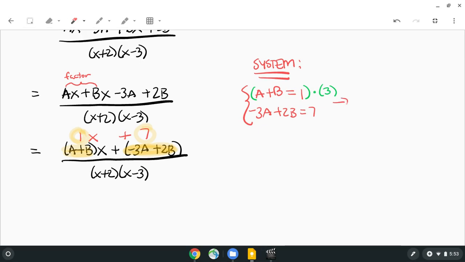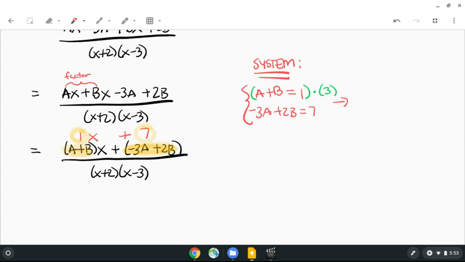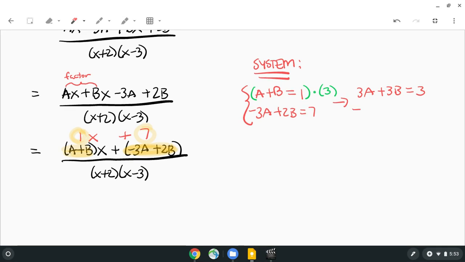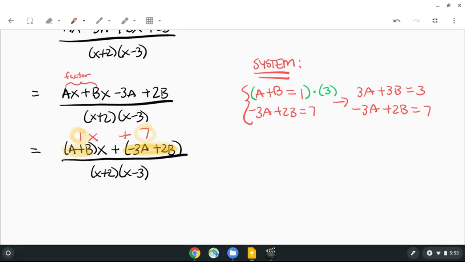I end up with 3a plus 3b equals 3. And I'll bring down that second one, negative 3a plus 2b equals 7.